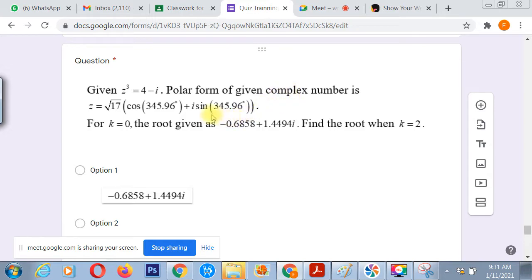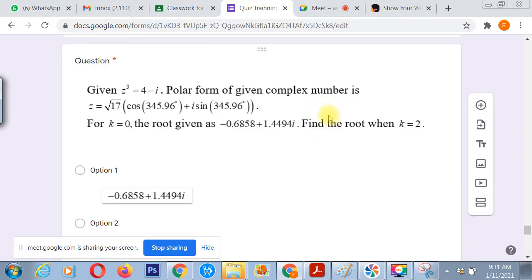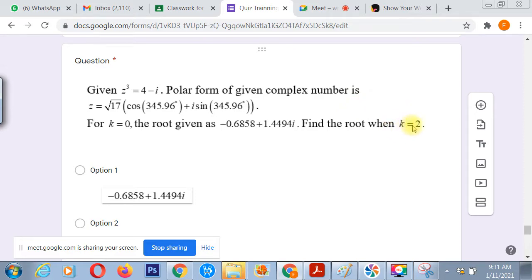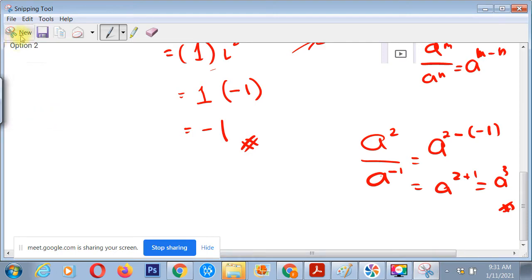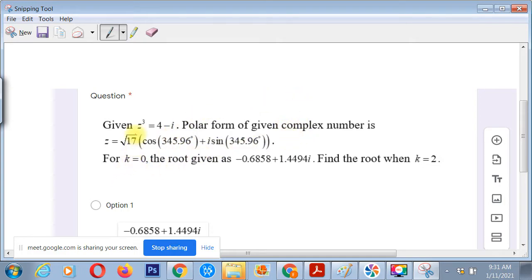The polar form is given by this. So we just put in the formula. We can put directly from the formula here.